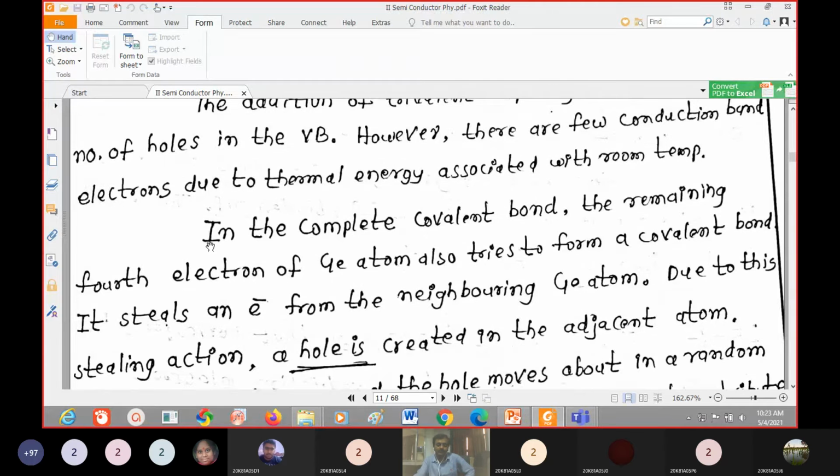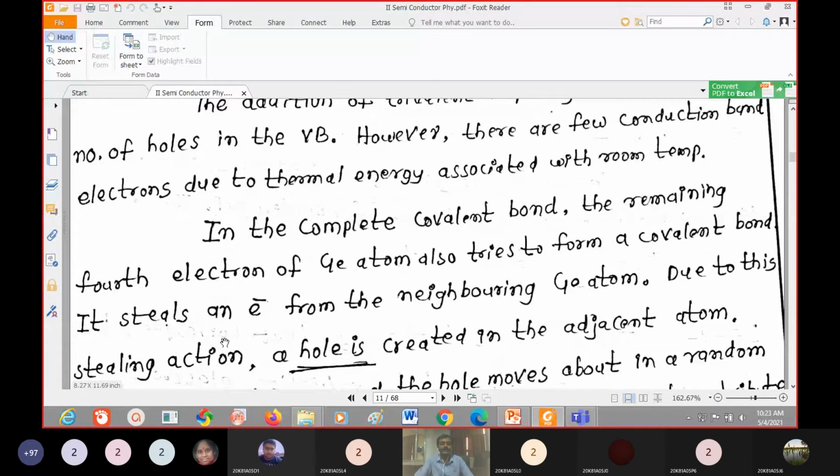Now coming to the next point, the incomplete covalent bond: the remaining fourth germanium atom also tries to form a covalent bond. Only 3 germanium atoms are covalently bonded with the boron atom; one germanium atom is not bonded. So that germanium atom also tries to form a covalent bond with the boron atom.